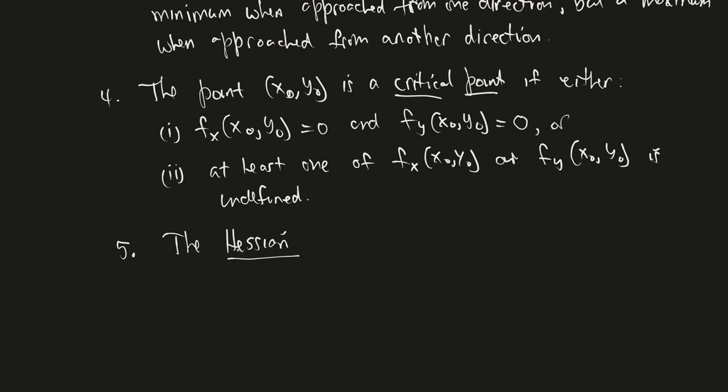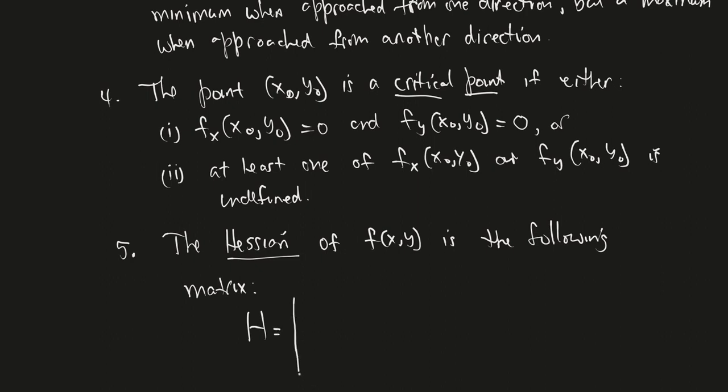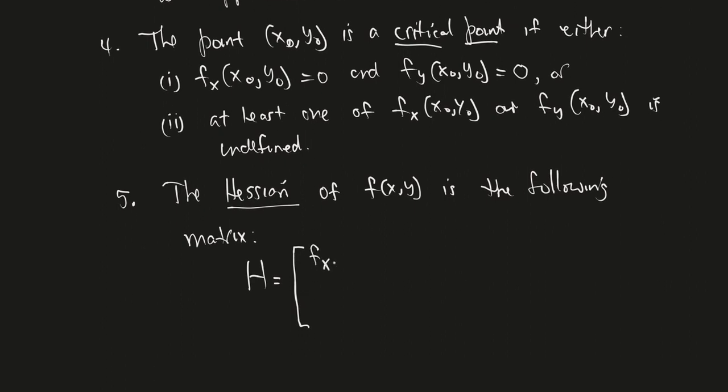So the Hessian of our surface f(x, y) is the following matrix, denoted by H. What you do is fill it out with all the possible second partial derivatives: fxx in the first row, first column, then fxy in the first row, second column, then fyx in the second row, first column, and finally fyy in the second row, second column.